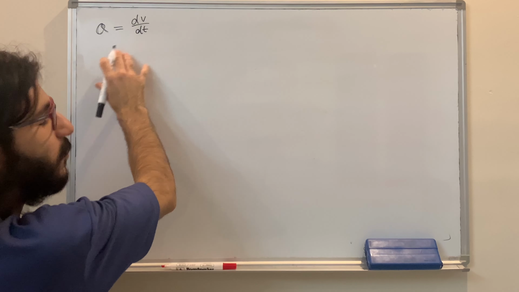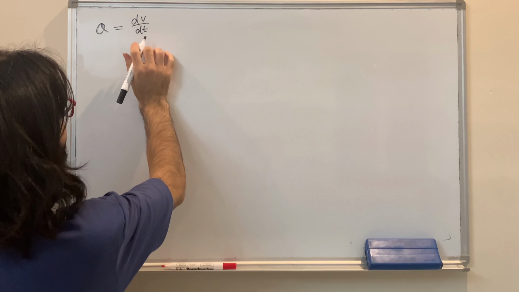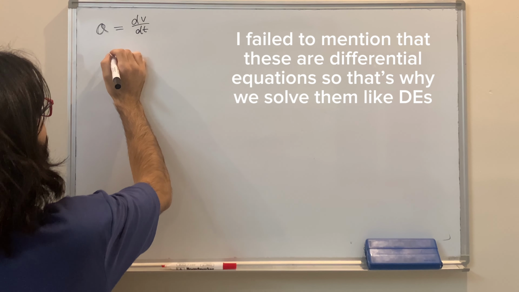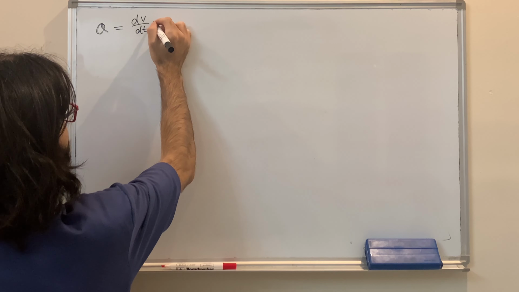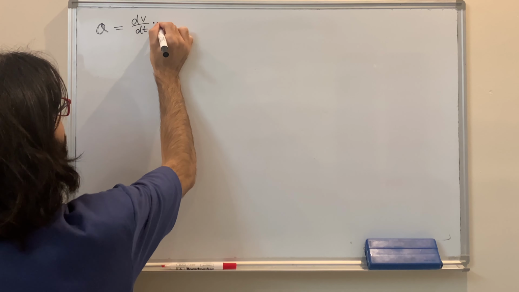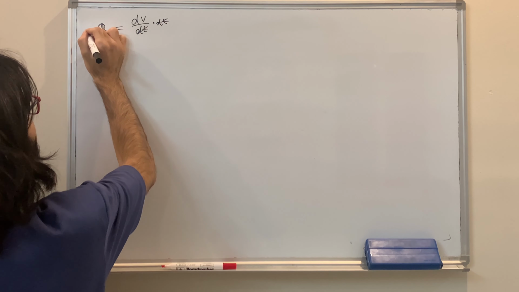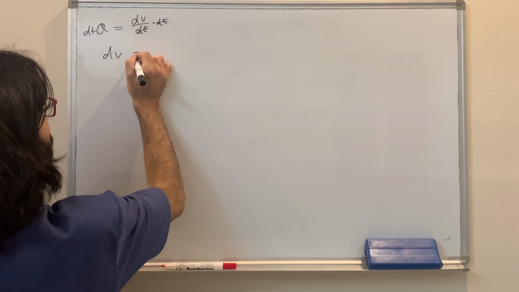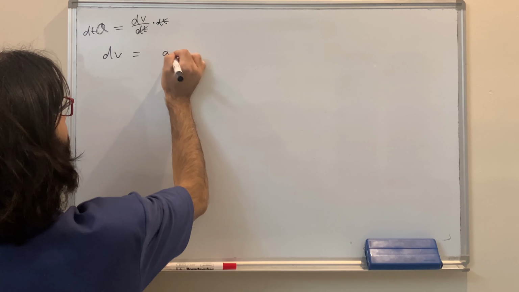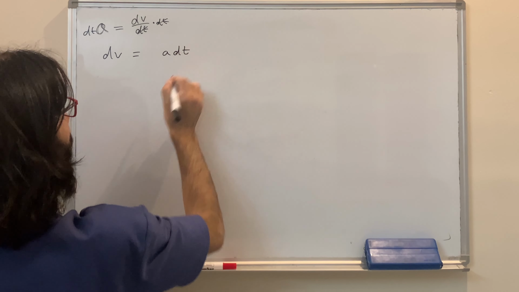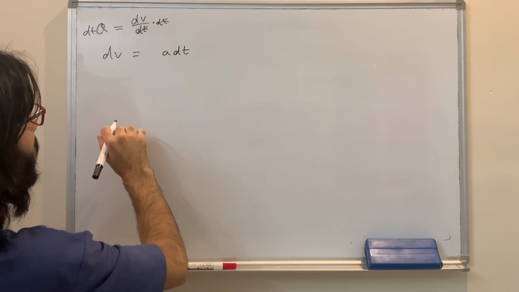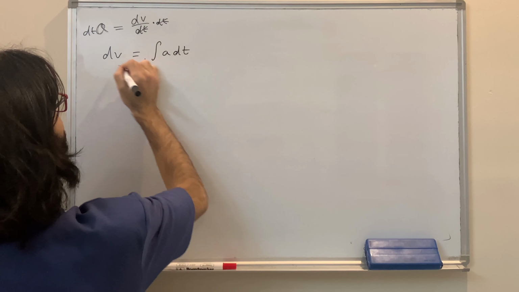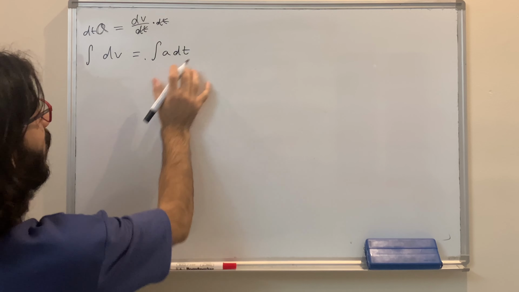Then we rewrite it by solving for dv, multiplying dt on both sides, these cancel out, and that gives us dv equals a dt.